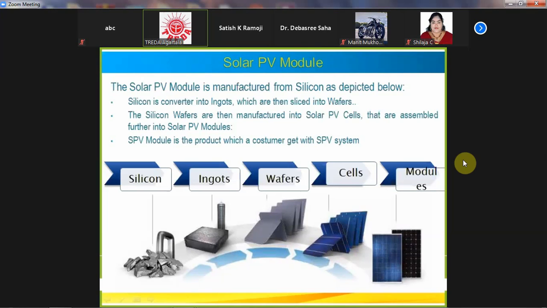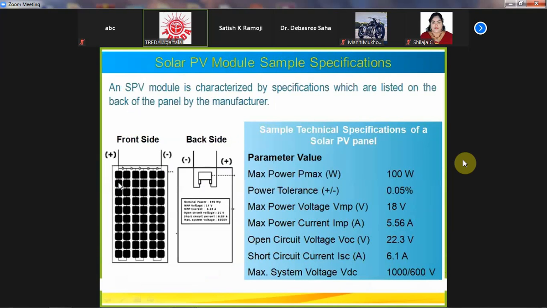Suppose I require a 35-watt module, then cells are connected in series and parallel this way to make it. As per requirement, a 350-watt capacity module is produced today, the latest. This is how the module is produced.